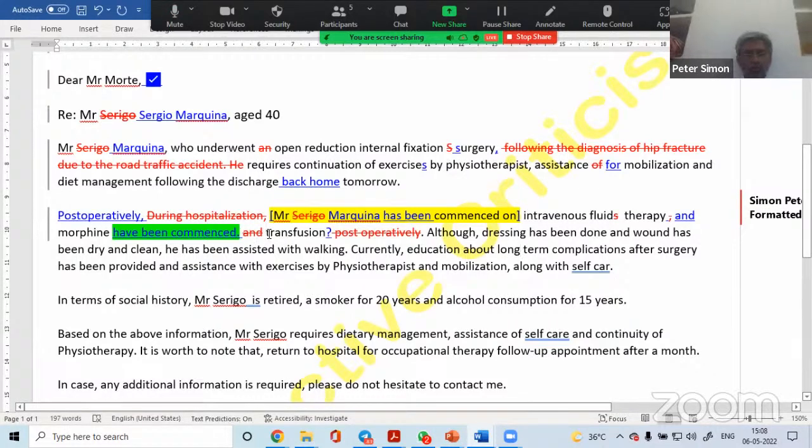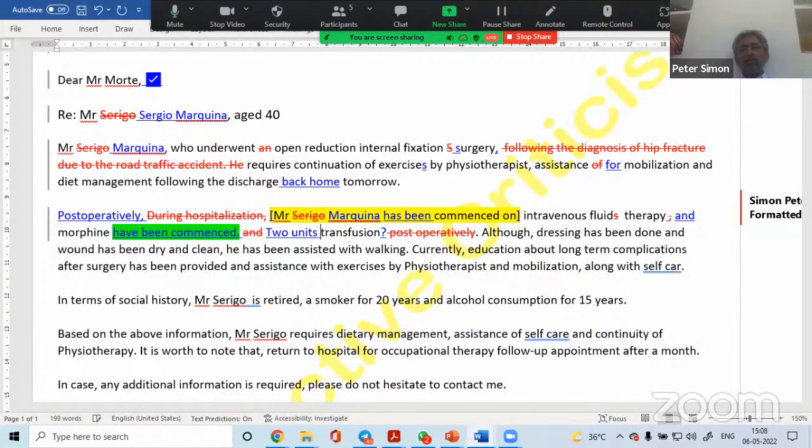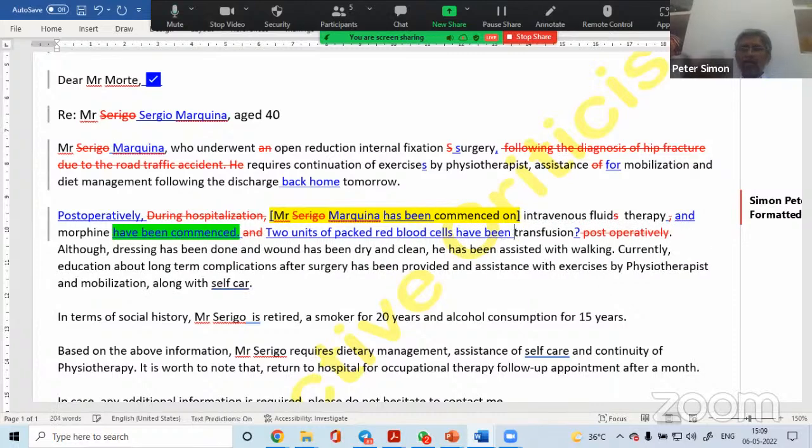2 units of packed red blood cells have been transfused. Finished.